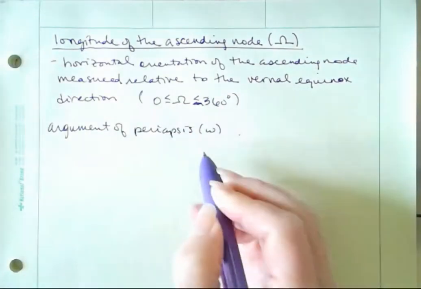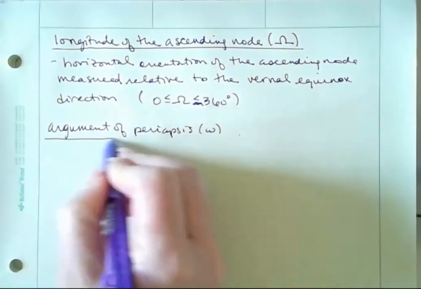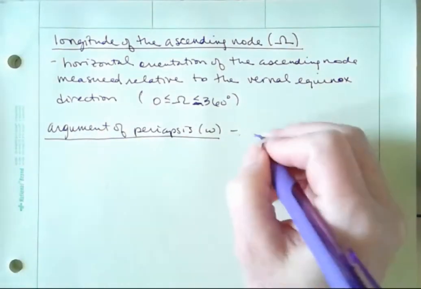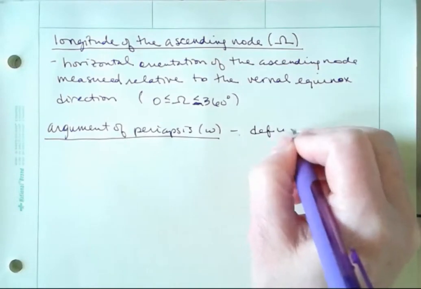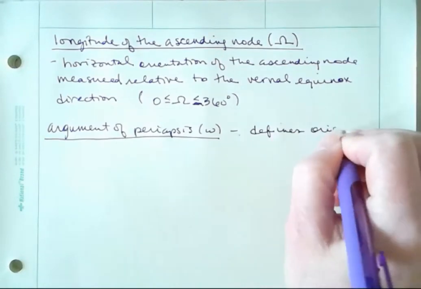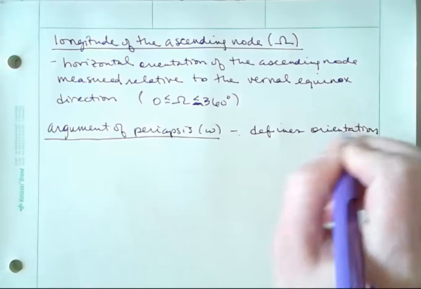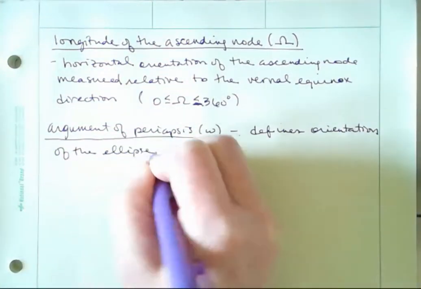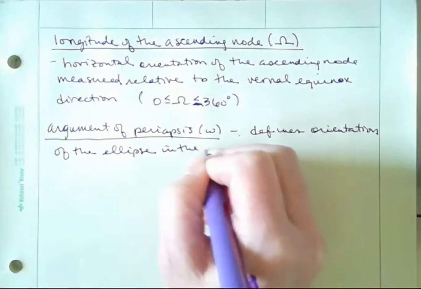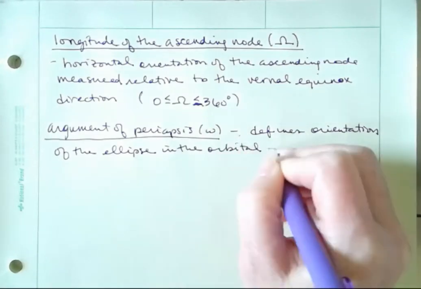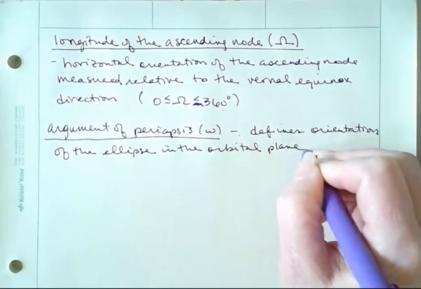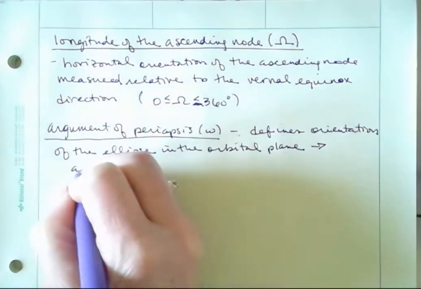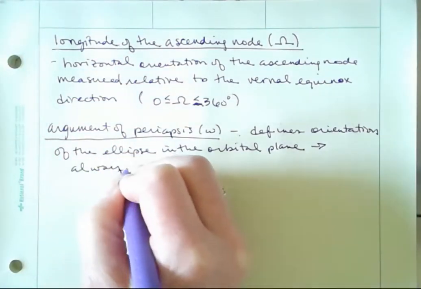That's going to be the little omega symbol. What this is going to do is define the orientation of the ellipse in the orbital plane. And this is always going to be measured in the direction of travel.